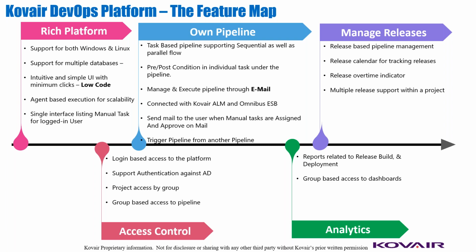The second one is the own pipeline. When we say own pipeline, it means that this is one of the unique tools or platforms which has the feature that you can represent a DevOps pipeline as another pipeline. It means it can call one pipeline from another pipeline as a task.